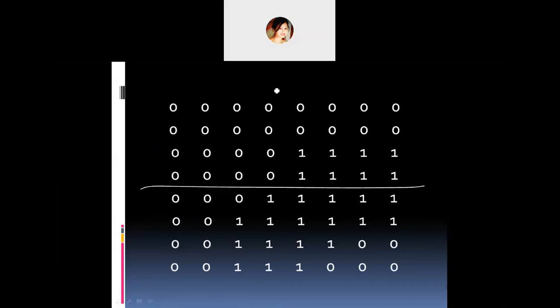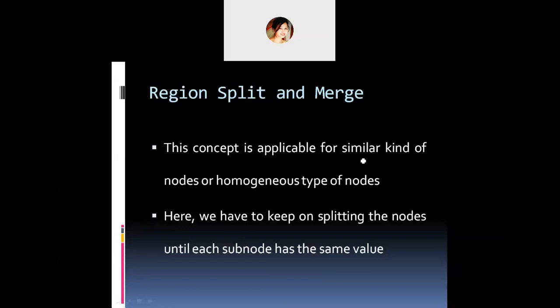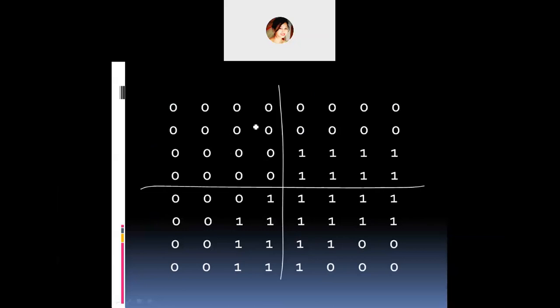Now I'm taking a particular region here and dividing it into quadrants: first, second, third and fourth. The property of region split and merge is that it is applicable for similar kinds of nodes. These are similar nodes, that is, all the frequency values in this quadrant are 0, so it is of similar value.